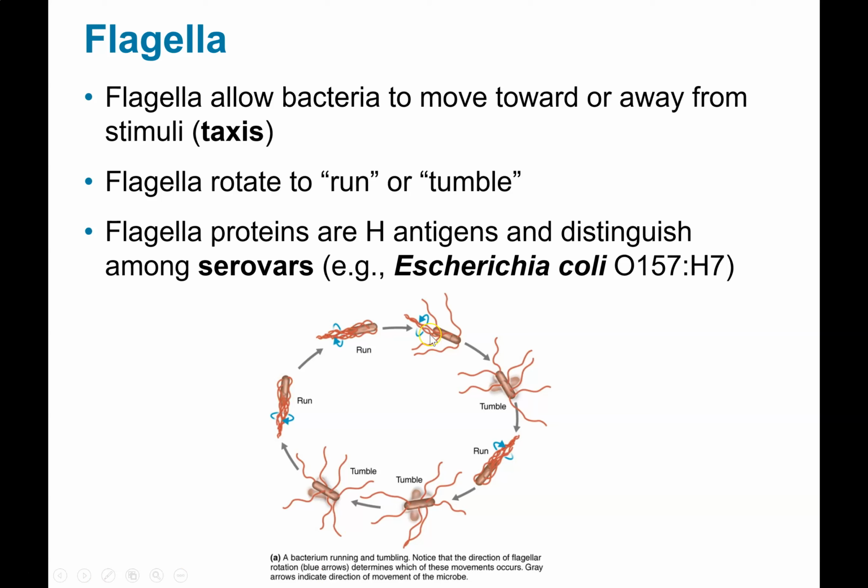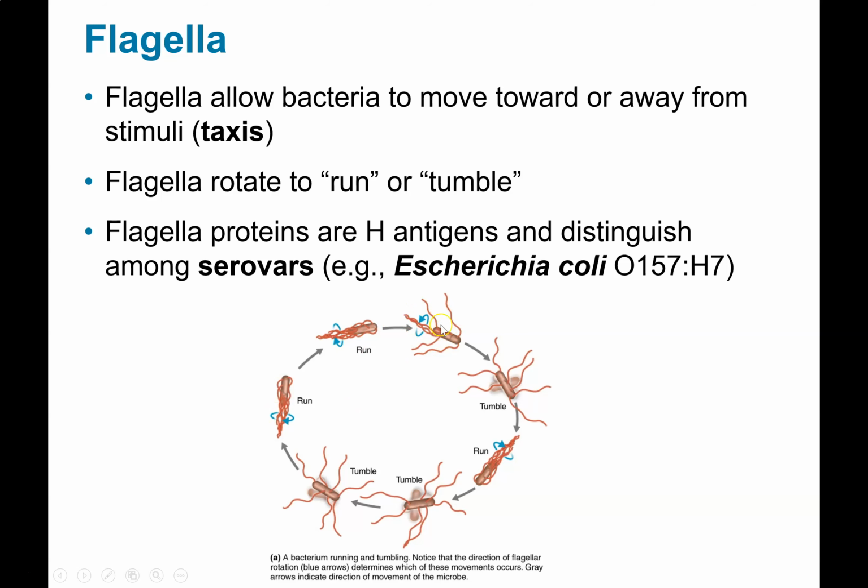I think one of the animations mentioned antigens. Now, antigen is a term we haven't seen yet, but we will definitely see in the future. It just means it's a foreign substance, something that is recognized by our immune system as foreign. So you can imagine this flagella, it's protruding from a bacterial cell.